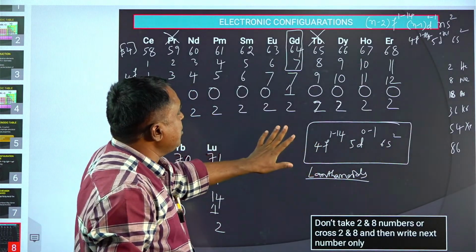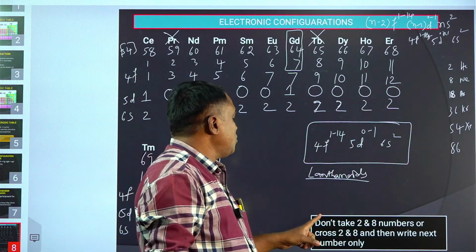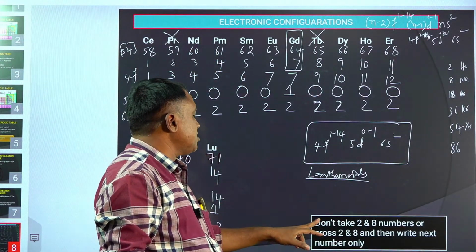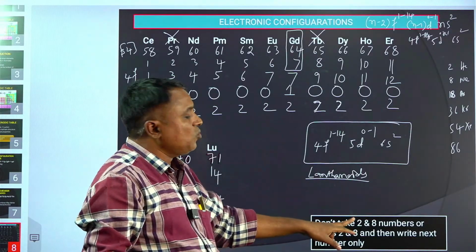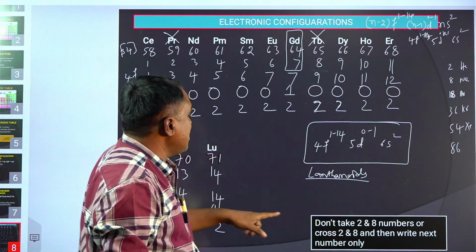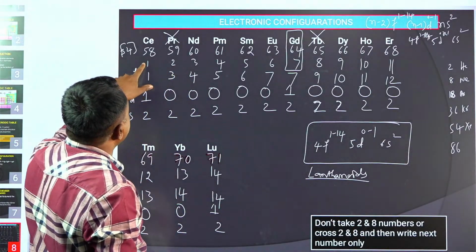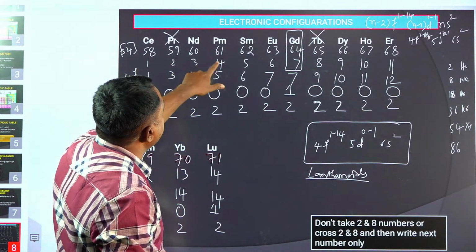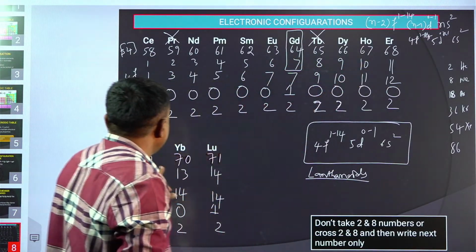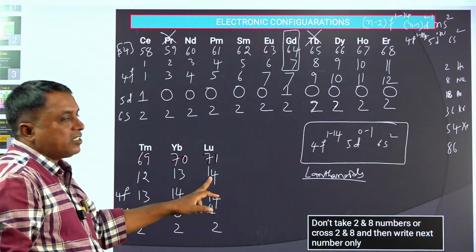So the important key point is to write these electron configurations in an easy way. You don't take the 2 and 8 numbers, or cross the 2 and 8. This is the first element, second, third, fourth, fifth, sixth, seventh, eighth, ninth, 10th, 11th, 12th, 13th, 14th.